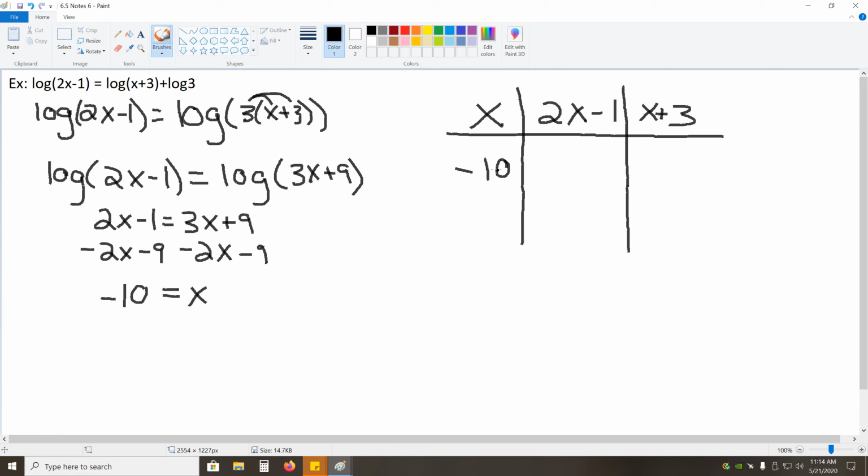Okay, so from here, plugging in negative 10 times 2 is negative 20, minus 1 is negative 21. This is less than 0. Remember, it has to be greater than 0, so it automatically fails, meaning there is no solution.